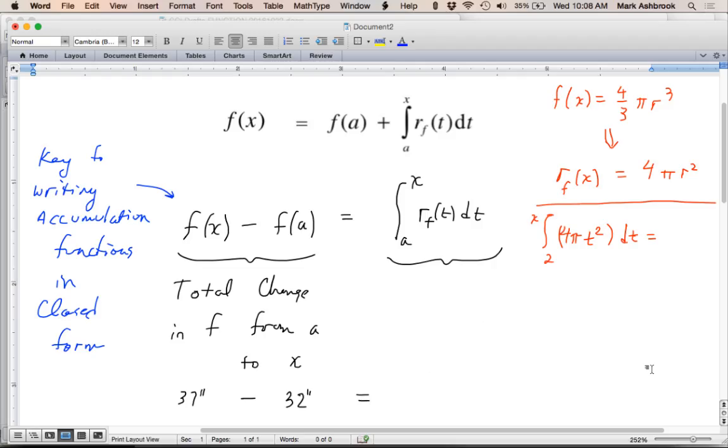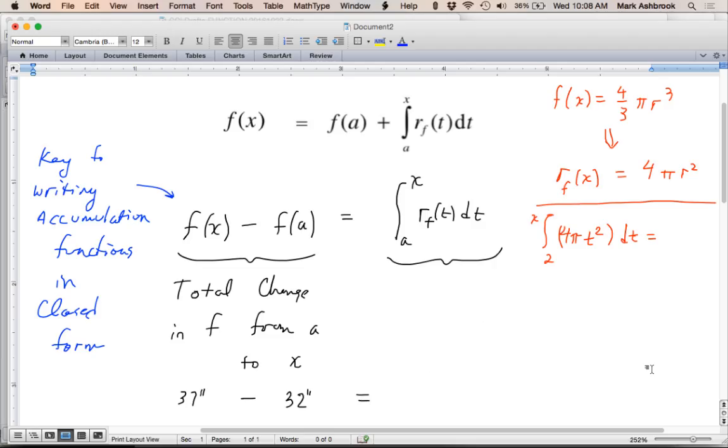So you're going to apply this stuff over here. According to this, f of x minus f of a is the integral from a to x.